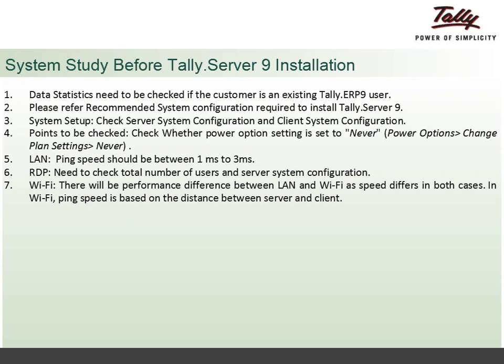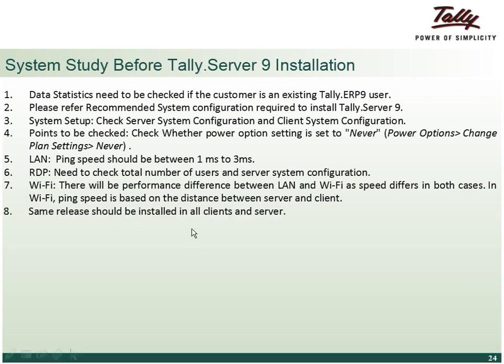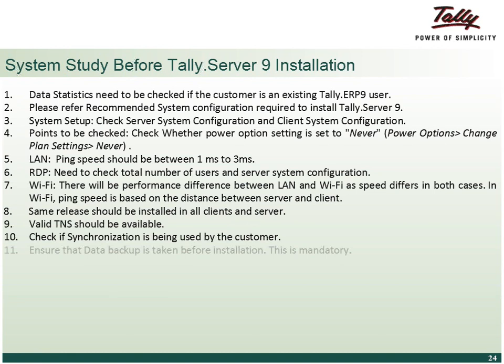You need to ensure that the same releases of Tally ERP 9 are installed on client and server. You need to ensure that a valid TNS exists for the Tally ERP 9 license. We also need to check if synchronization is being used by the customer. We need to ensure that a data backup is taken before installation, and this is mandatory.